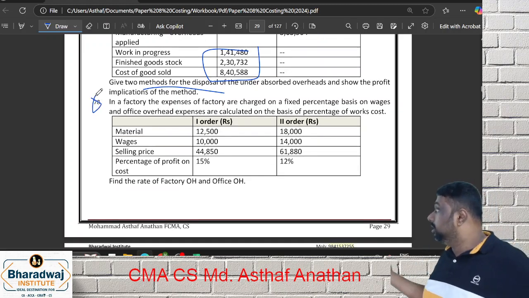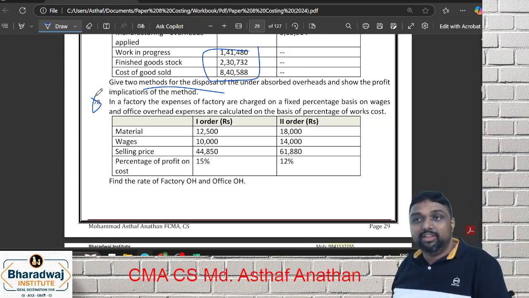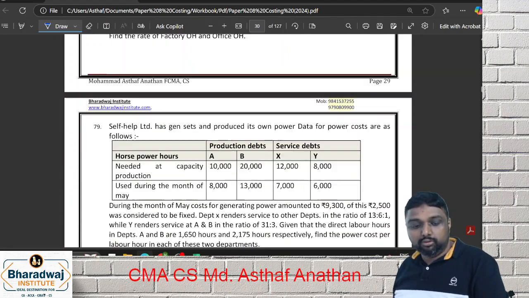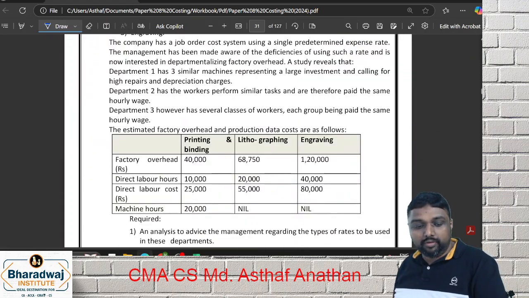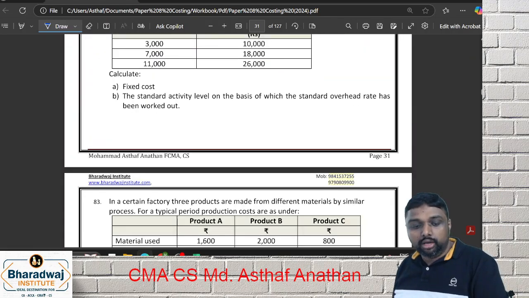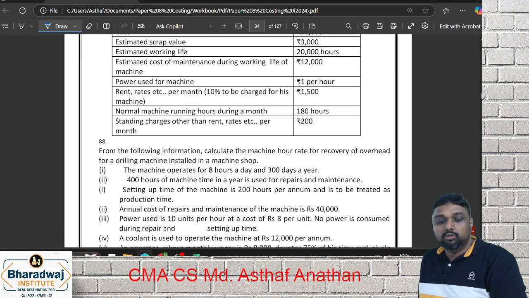The point is, they haven't given the profit percentage, so we will assume it. Just like overhead, we assumed G2 and G2, same model question. You have to assume the recovery rate as X and Y. We did 2, 3 model questions in the classroom. These are all machine hour rate. I told you the format and ways you have to look into. So this is how you have to look into it very well, my dear.